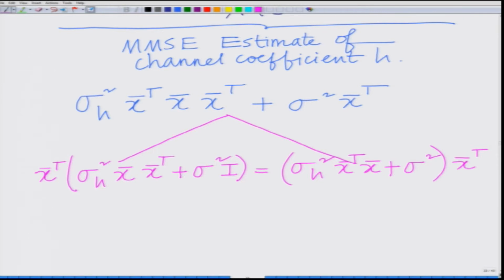In one we are taking x bar transpose common on the left, in the other we are taking x bar transpose common on the right. So these are simplifications of the same expression, therefore these are equal.